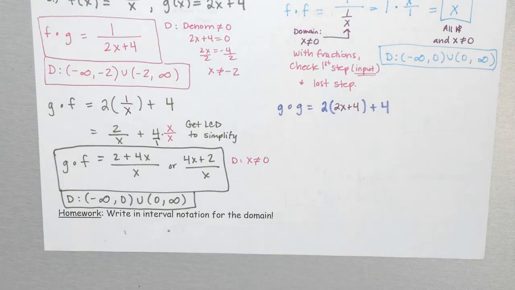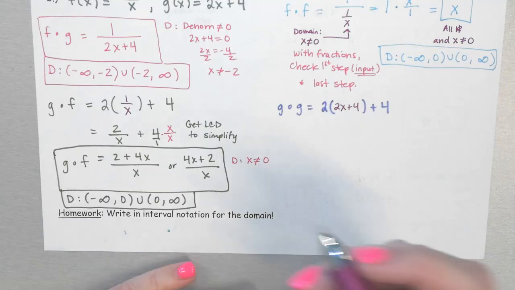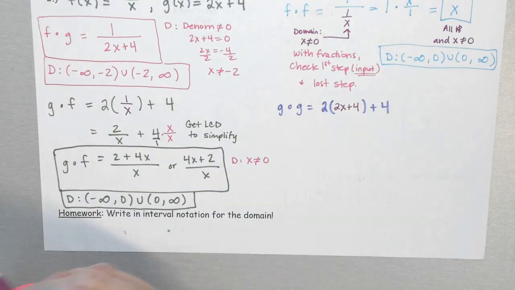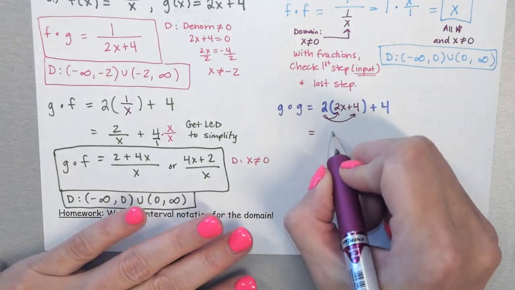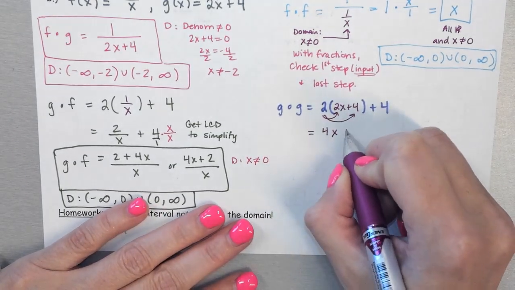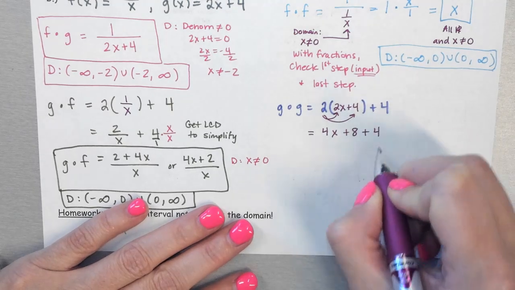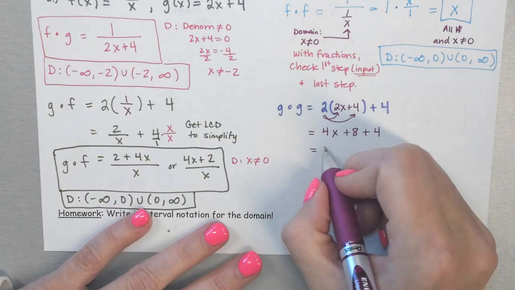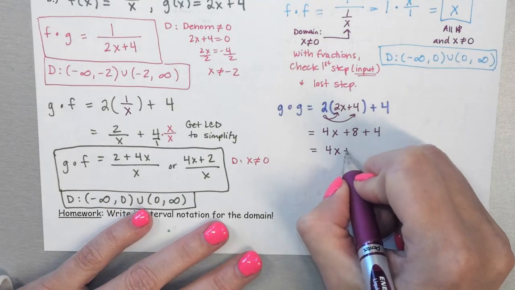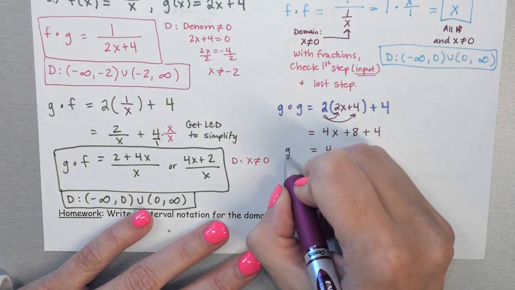If you find yourself getting confused, that is a strategy you can use to help. And then we just have to remember our algebraic rules, our order of operations, our distributive property here. We now have 4x plus 8 plus 4. You do need to combine your like terms. So 8 and 4 are going to make 12.